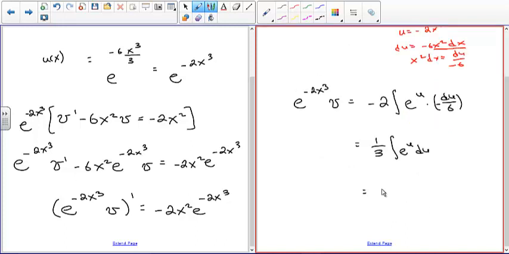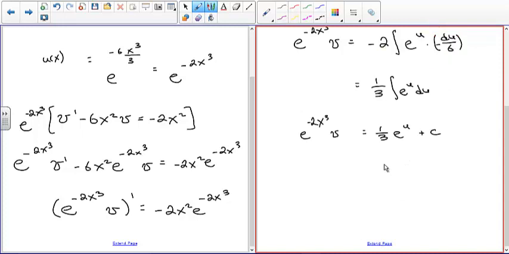And the integral of e to the u du is e to the u. We add our arbitrary constant at that point. Then we substitute u back in. So that was equal to negative 2x cubed plus c.